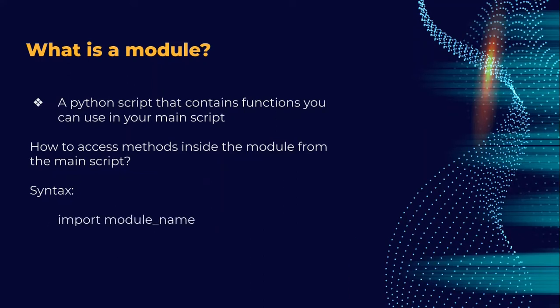This is not going to be just limited to this, but I'm going to show you the tricks of how you can actually import, and there are various ways of doing it. So in this case, what we have is import, and then we have the module name, right? I mentioned that we're going to create a script with the functions that we're going to use in our main script.